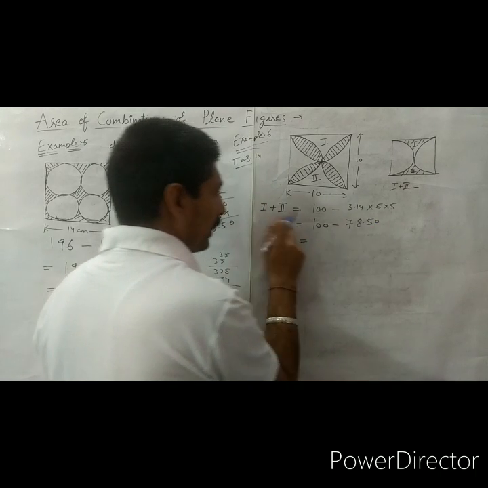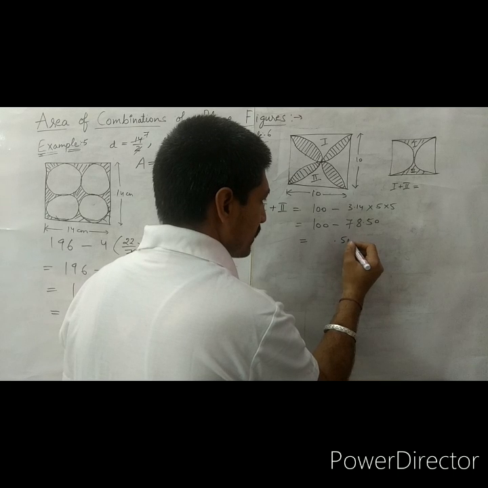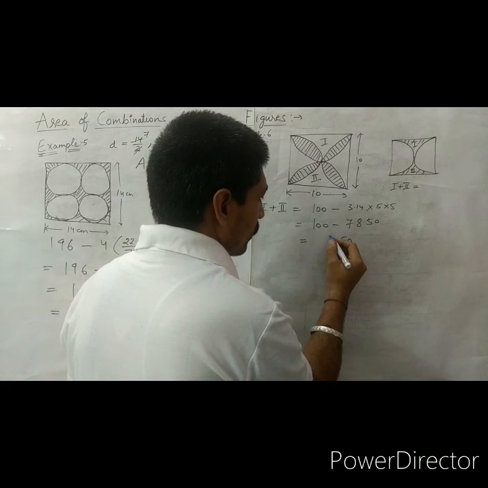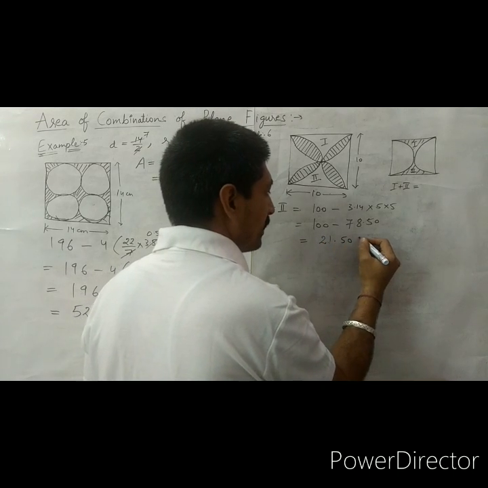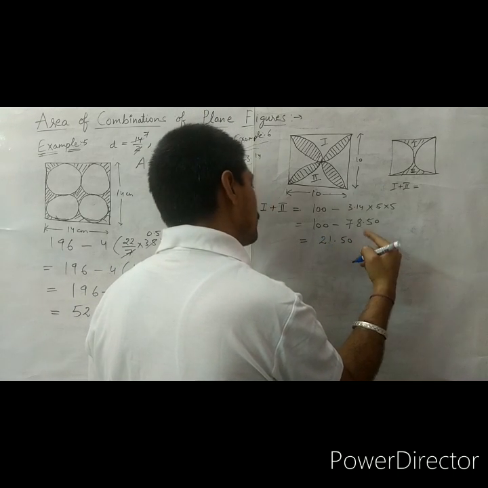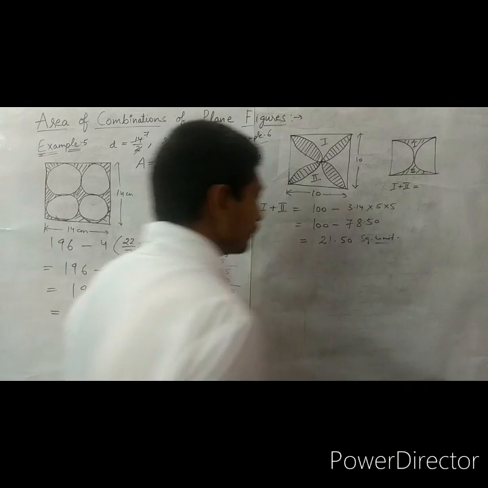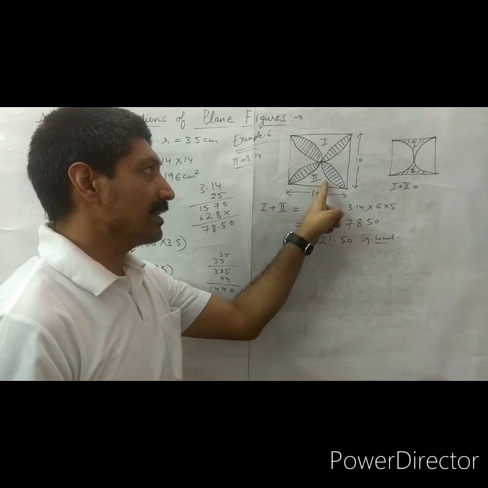So area 1 and 2 is equal to 21.50 meter square or square units. Square units is the area here. Now this is the area 1 and 2.